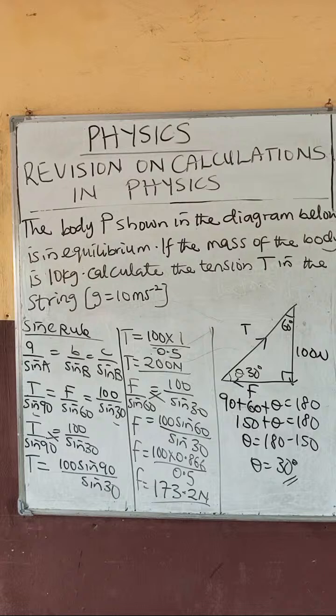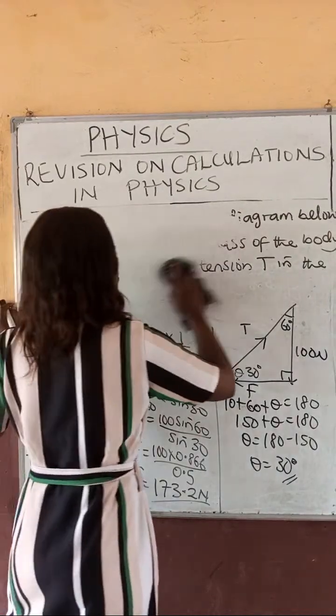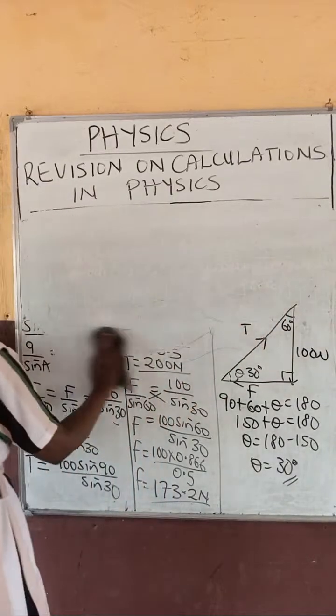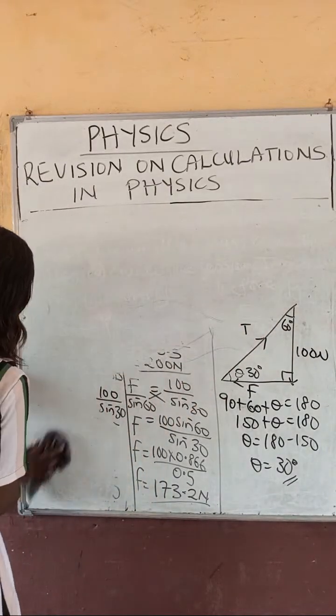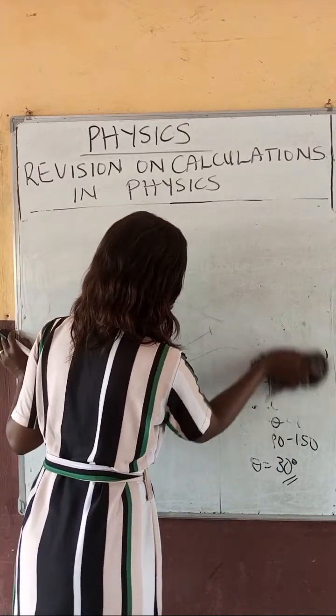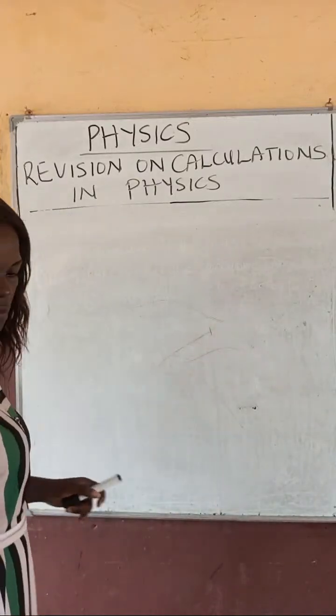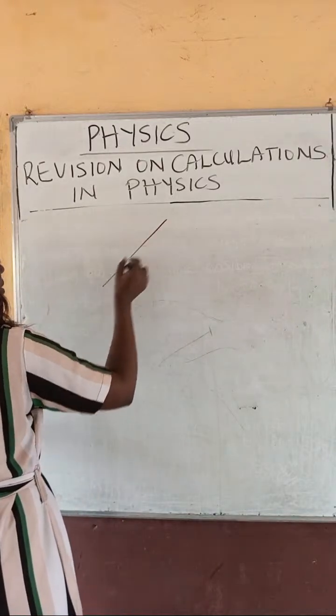Okay, how do you know A and sine A? All right, so let me clean the board and explain it again for you. That is sine rule. Okay, now I have this.